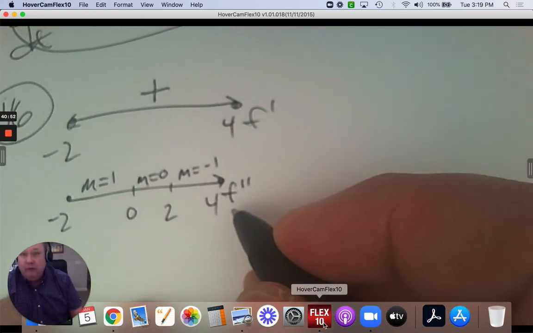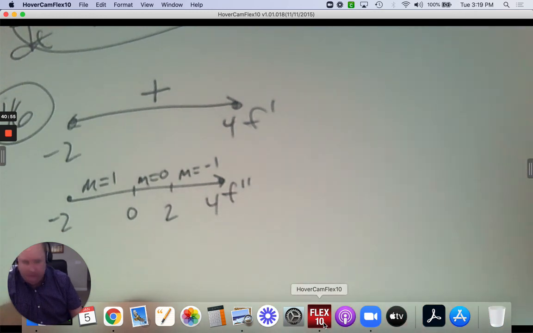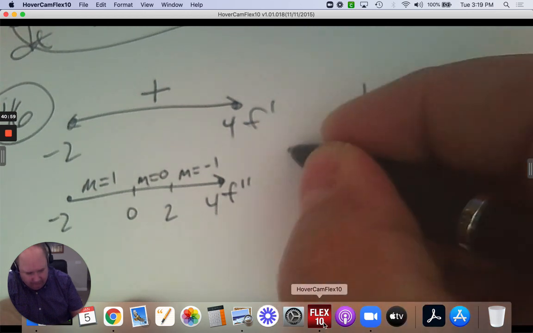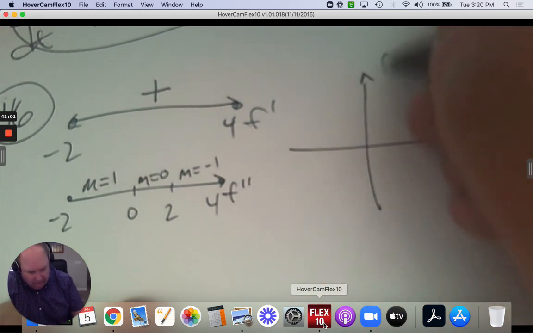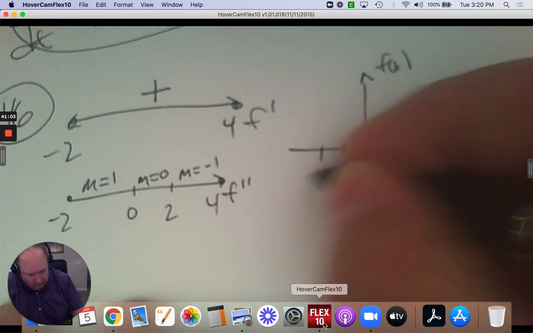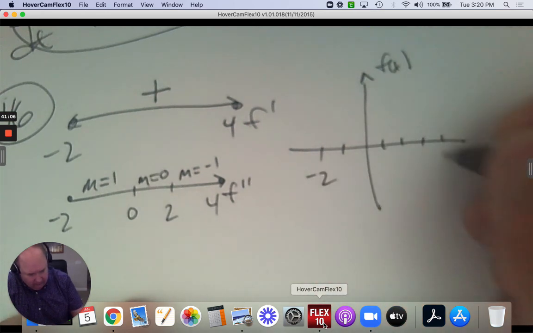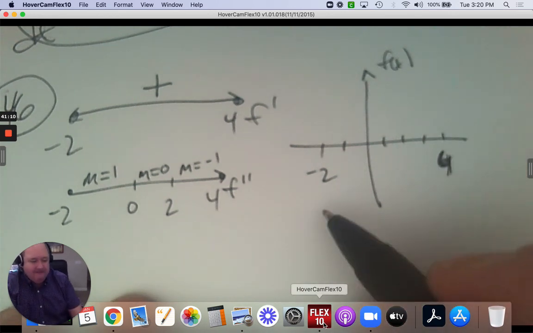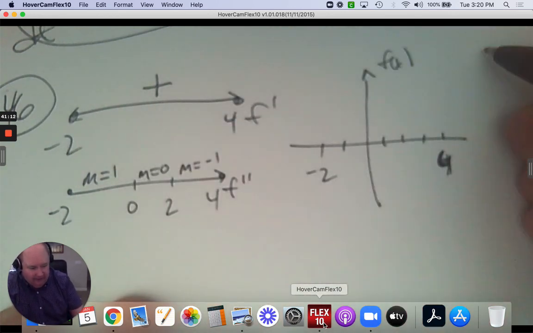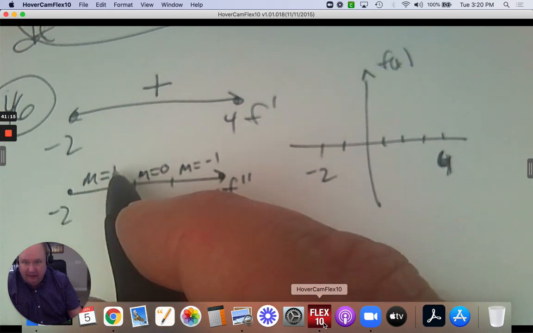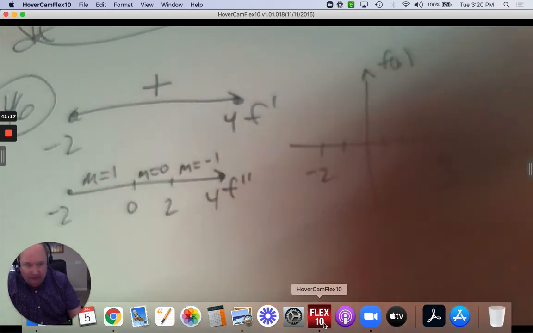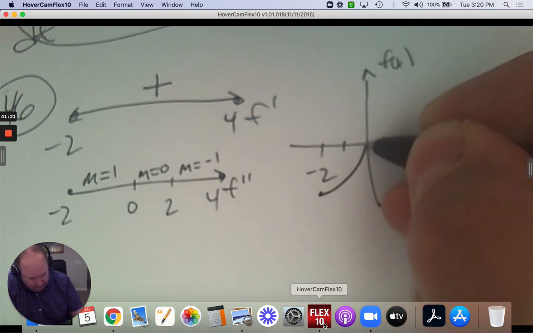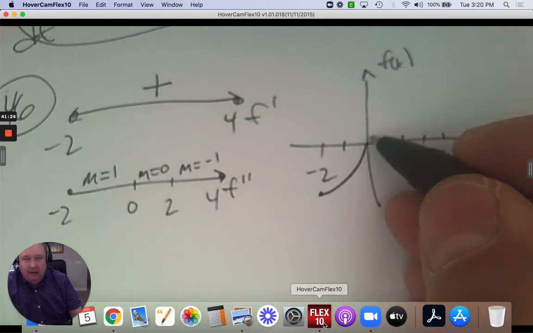So let's start with the second derivative, or maybe the first derivative, or the function. Here, let's graph the function. We'll graph both. So what would f of x look like? It goes from -2 to 4, and the entire function is increasing. But for the second derivative, we have a positive number, so it's first going to be concave up.